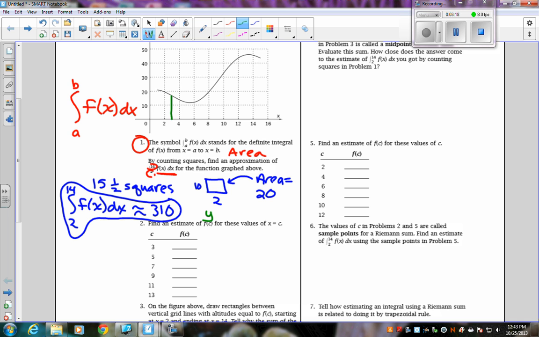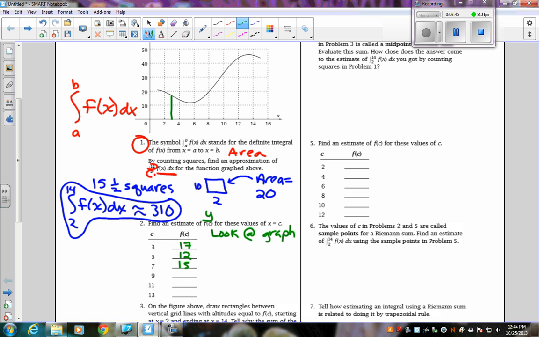All I'm doing is looking at the graph. We're not counting anything, but using y values. When I look at 3, I estimate that is about 17. At 5, about 12. At 7, about 15, which looks like a pretty good 15.